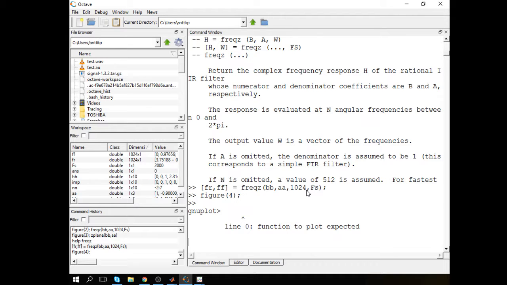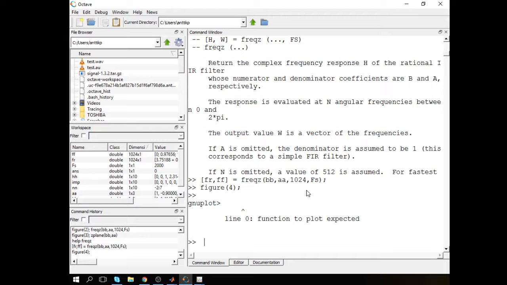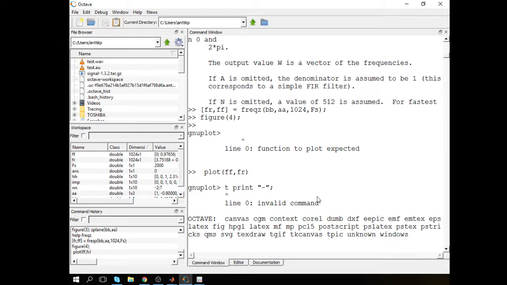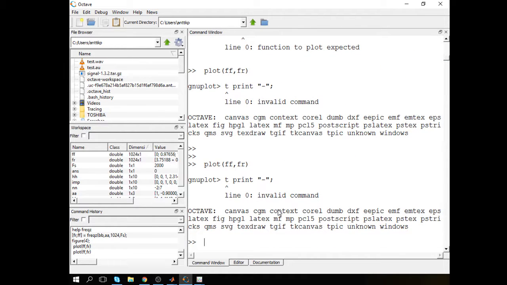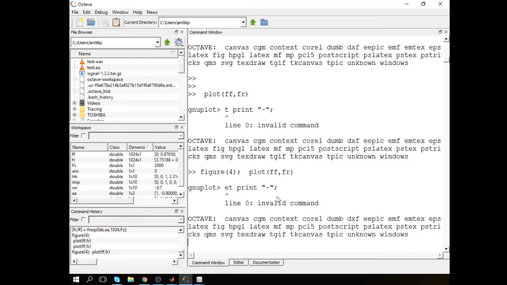Okay, plot. It started waiting for a plot function to follow. FFFR. Wow. Did I break my system again? Oh yes, I did break my system again.